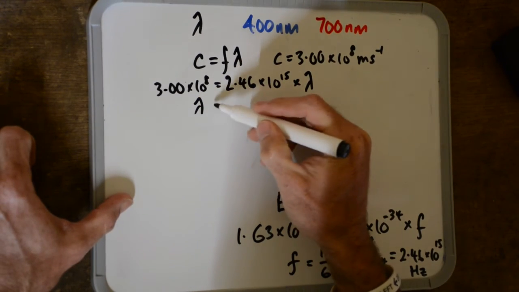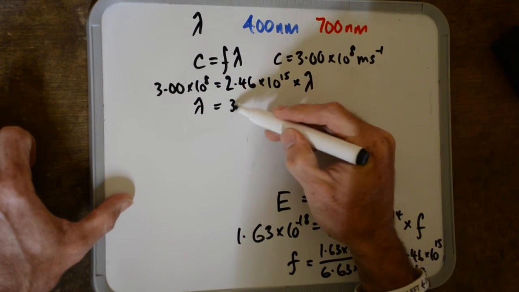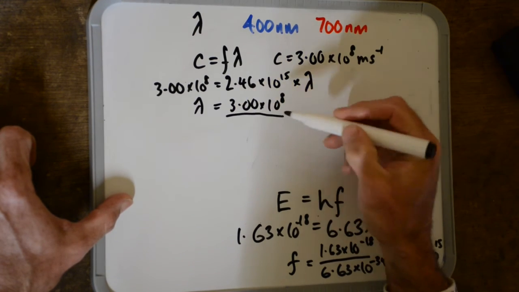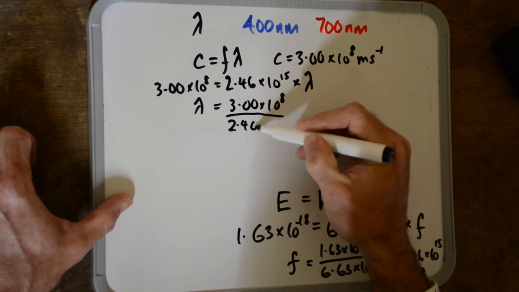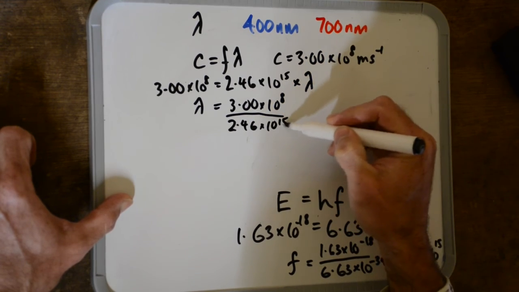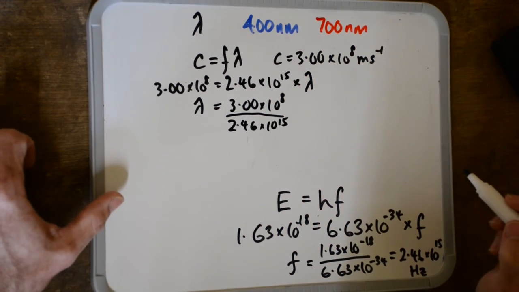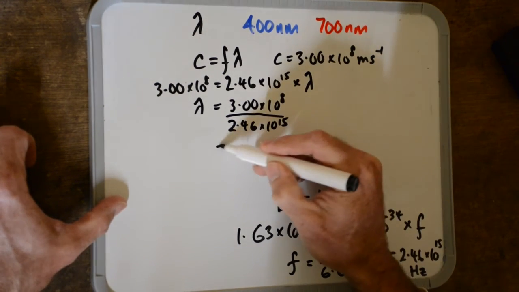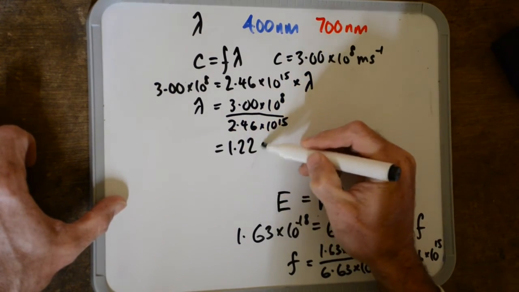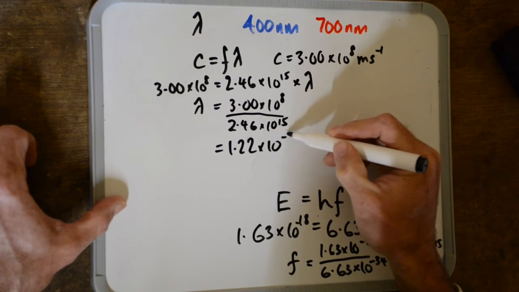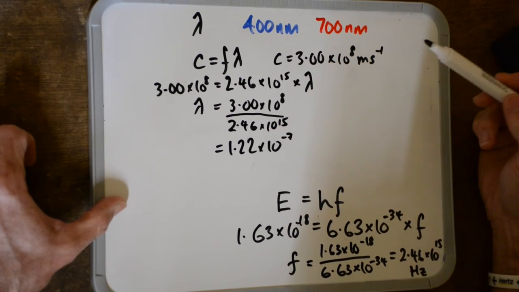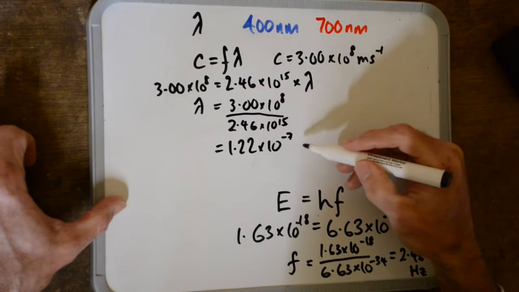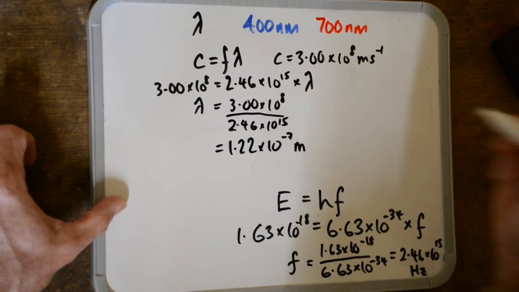Rearranging that, we get that the wavelength is 3.00 times 10 to the 8 divided by 2.46 times 10 to the 15, and if you stick that into your calculator, that turns out to be 1.22 times 10 to the negative 7, and again, because we've gone with SI units of Hertz and meters per second, wavelength will have the SI unit of meters.